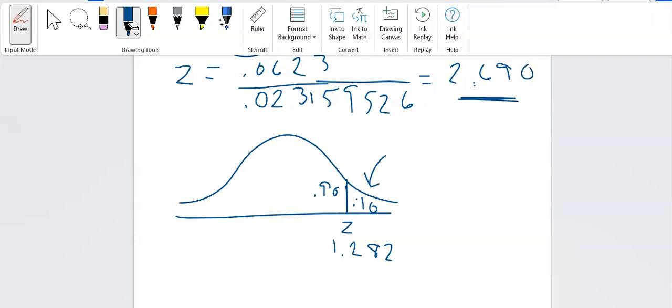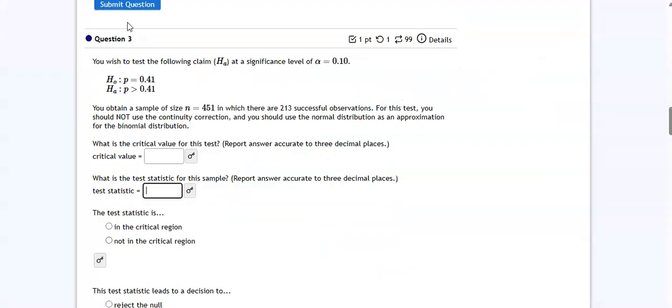So on my picture, this is 1.282. Now, since this is a right-tailed test, I'm going to erase this because it's deceptive. Our rejection region: we will reject the null for any z-value that falls on this side to the right, because our alternate is a right-tailed test.